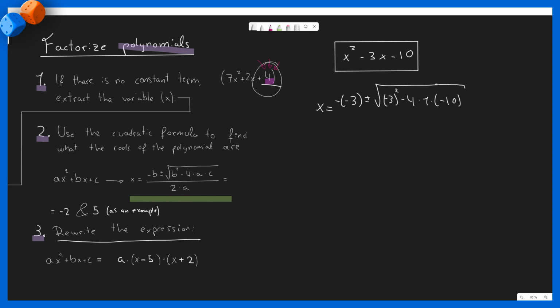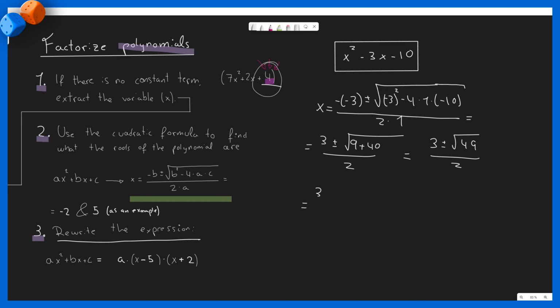All of it inside of the radical and divided by 2 times a, which is 1. This expression equals 3 plus minus the square root of 9 plus 40 divided by 2, which is equal to 3 plus minus the square root of 49 divided by 2, equal to 3 plus minus 7 divided by 2.